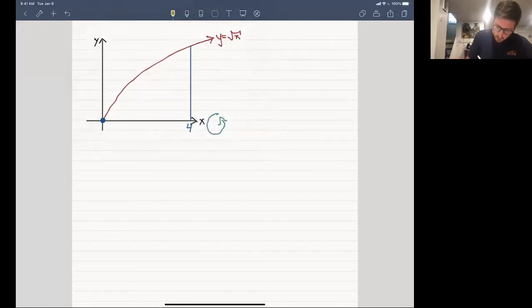You might have a cylinder that looks like this. So this line right here that's on the board is rotated around like this. And then I move up or down a value of y, and I rotate that line around, and so on and so forth. And so I pack these things on top of each other in this horizontal manner.